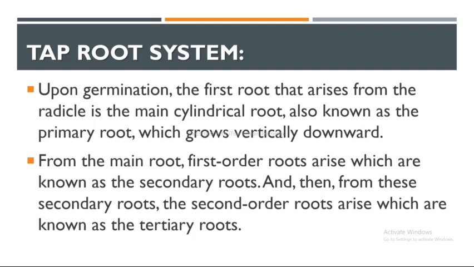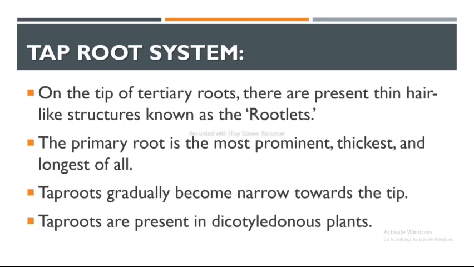From the main root, the first order roots arise, which are known as the secondary roots, and then from these secondary roots, the second order roots arise, which are known as tertiary roots. On the tip of the tertiary roots, there are thin hair-like structures, which are known as the rootlets. The primary root is the most prominent, thickest and longest of all.